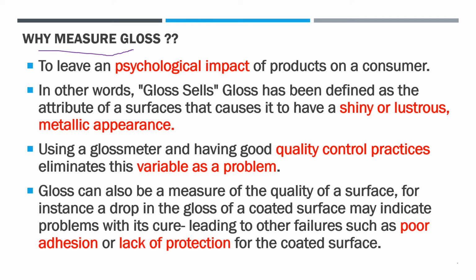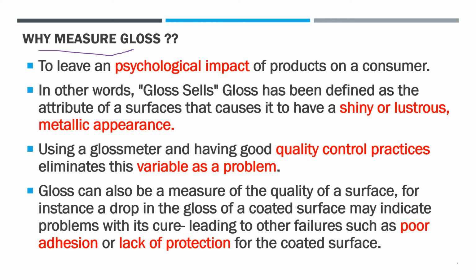See, why will a consumer buy your product? If it looks very shiny, then she or he will pay for that. So it actually leaves a psychological impact of a product on the consumer's mind.